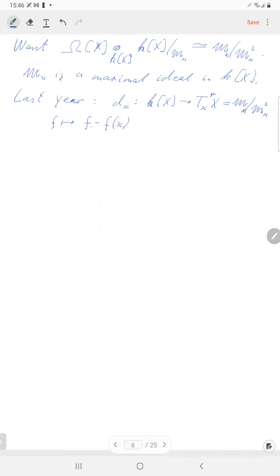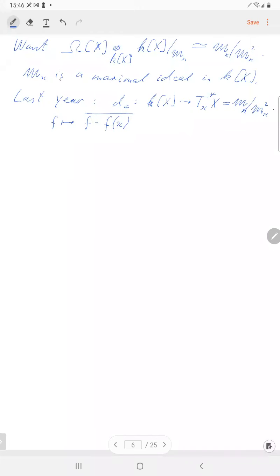You subtract this value from your function, so now it vanishes at point x. So it lies in the maximal ideal, and you take the class of this difference. This was the definition of d_x that we gave in December.